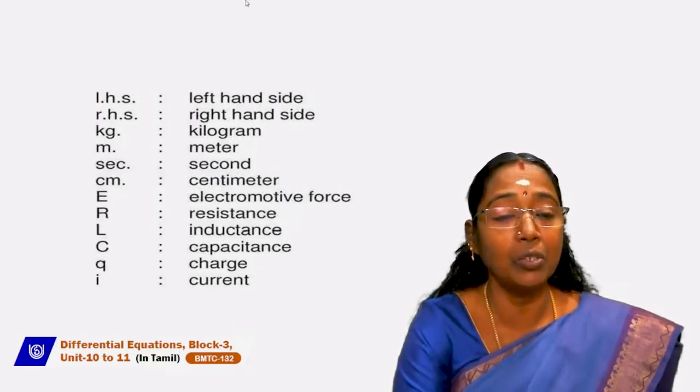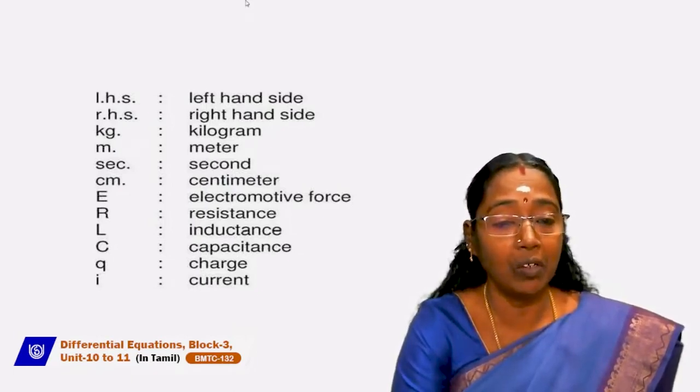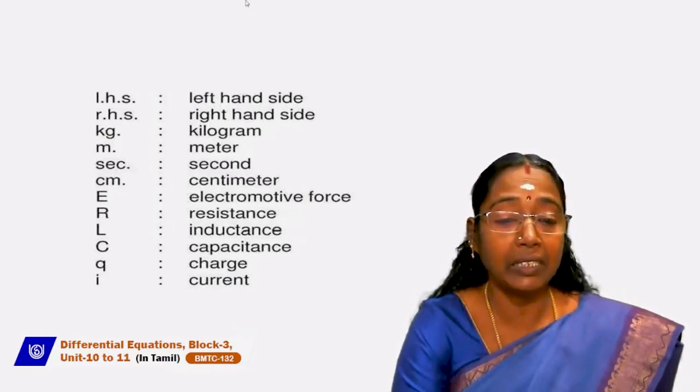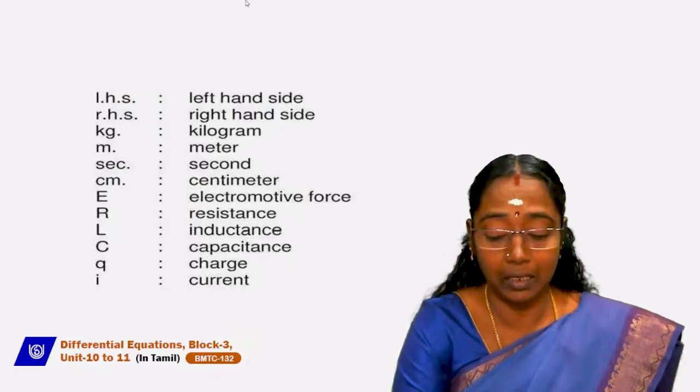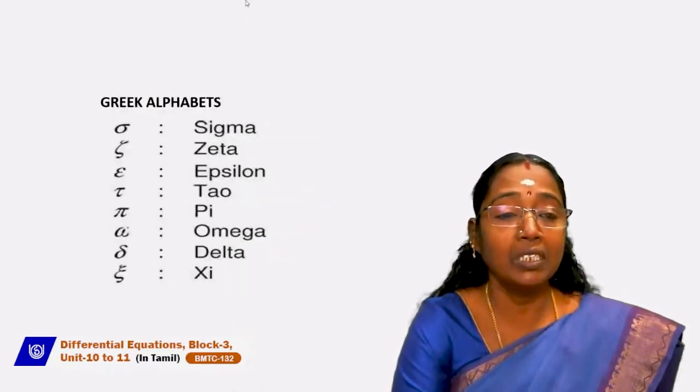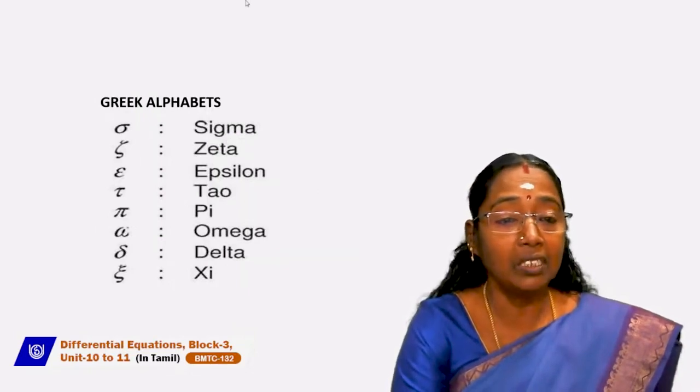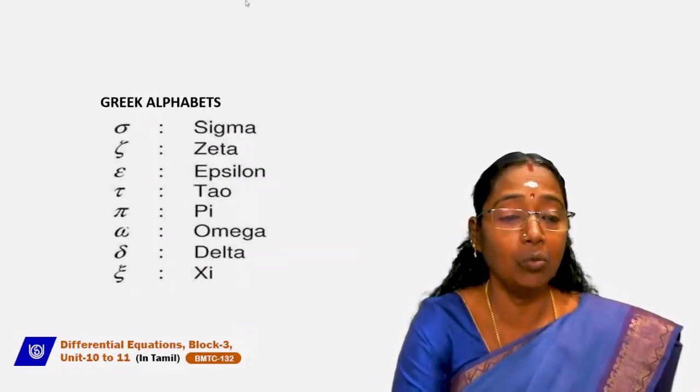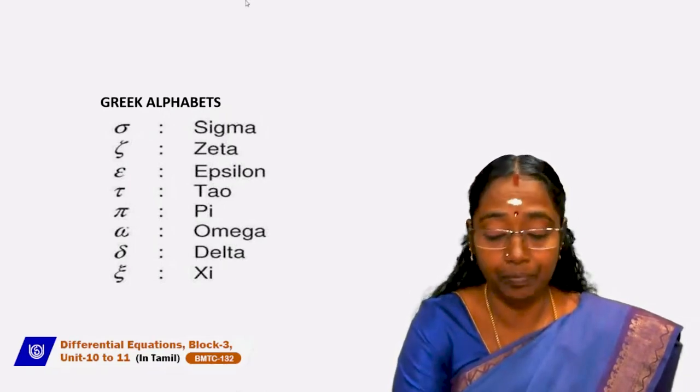These notations will be used in the application of differential equation. So electromotive force, capital R is the resistance, capital L is inductance, C is the capacitance, Q is the charge, I is the current. Okay, some Greek alphabets will be used in this block 3. Sigma, zeta, epsilon, tau, pi, and omega, and delta, and psi.